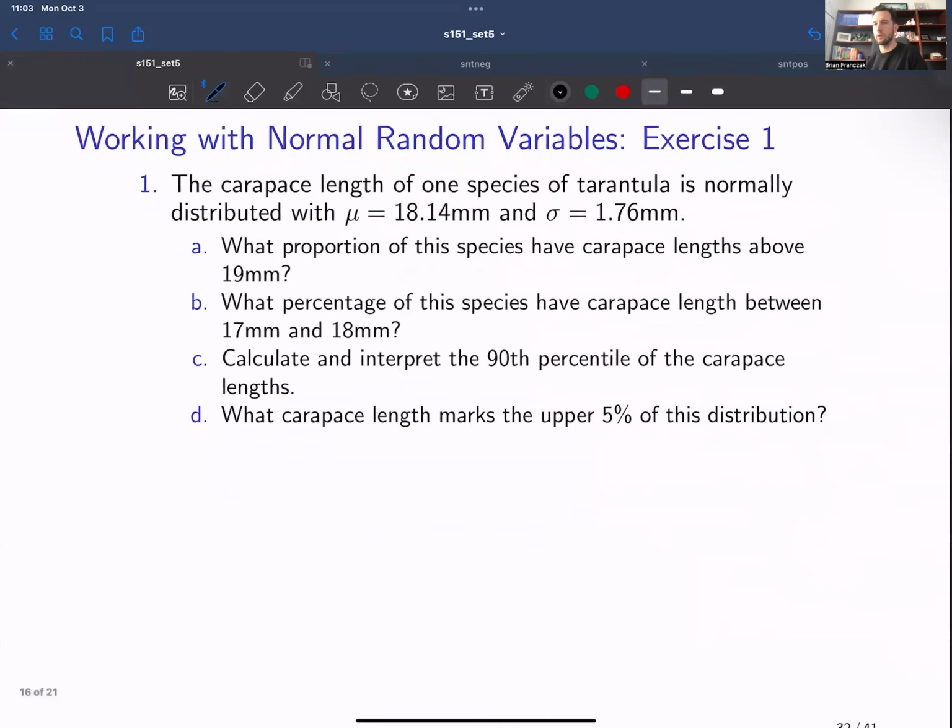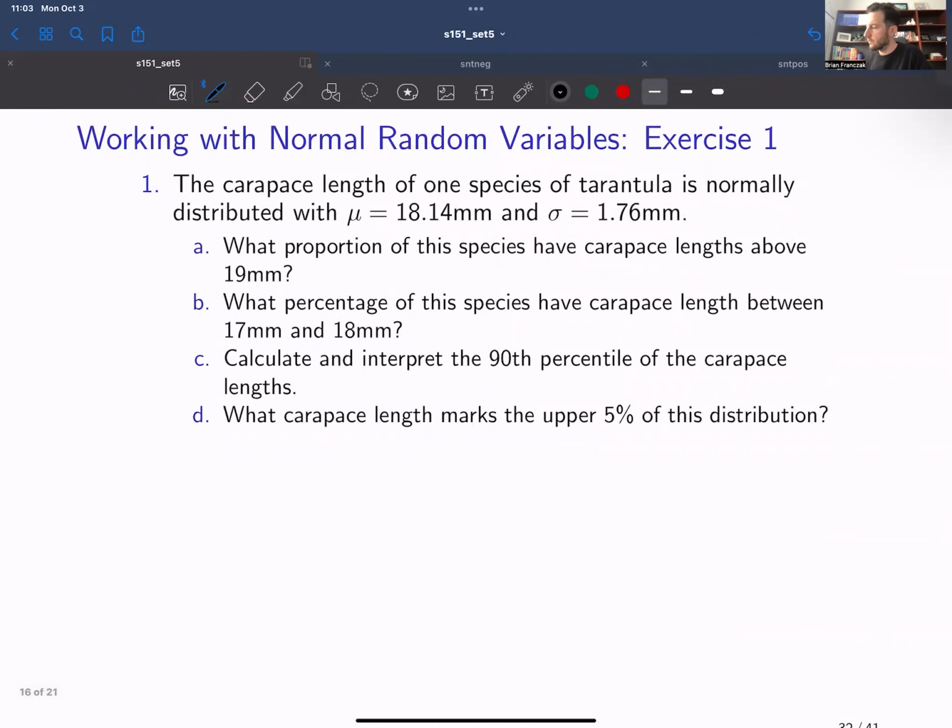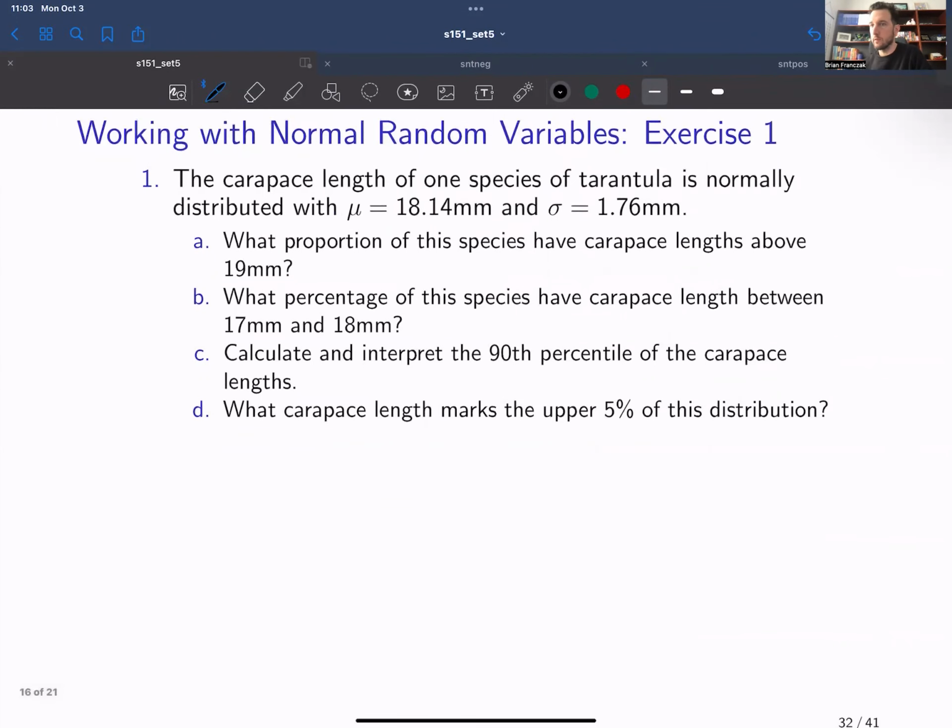In this illustration, we are going to be working through exercise number 1 from slide 32 of lecture set 5. We're going to cover 2 topics in this illustration. Finding the area underneath any normal curve. So we are not working with strictly standard normal curves anymore.